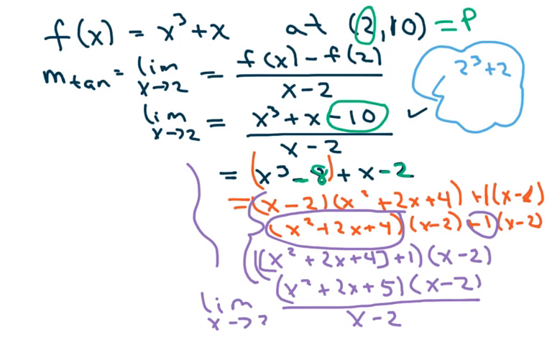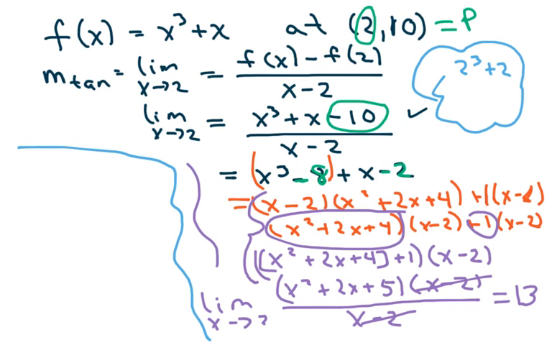So this all carries down. All right, now we cross out the x minus 2, and now we can plug in the 2. When you plug in the 2 here, you're going to get the slope. So 2 squared plus 4 plus 5, that's going to equal 13. Did that in my head, and I'm trying to save space here.